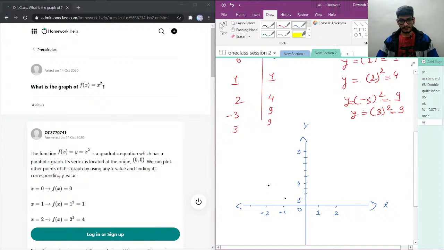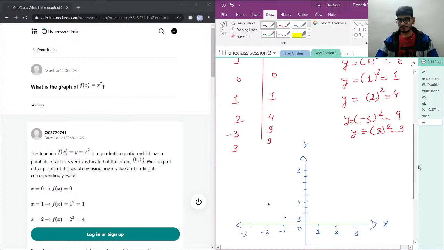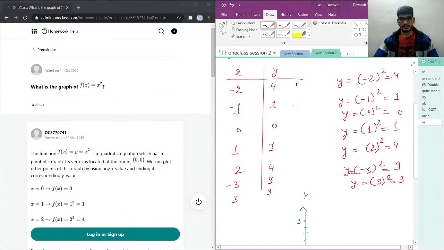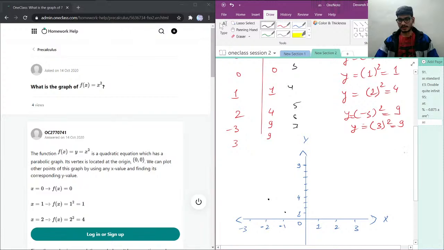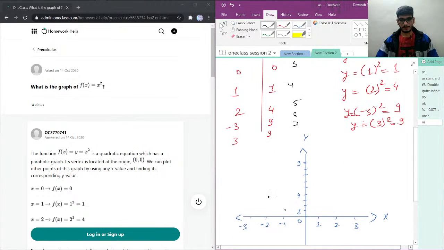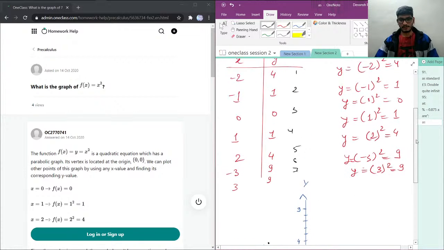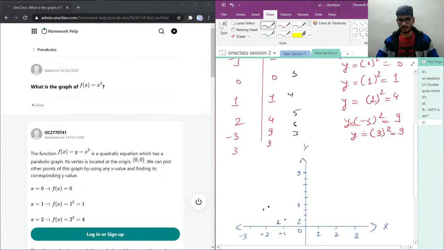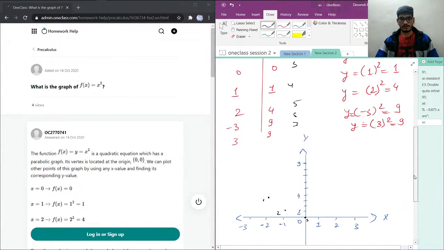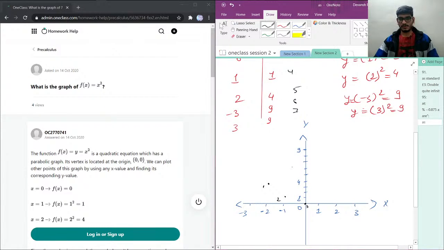I need one -3 and one +3. So let's say this as 1, 2, 3, 4, 5, 6, 7 coordinate number, and this was 1, this is 2. For x equals 0, we had y equal to 0. So this is going to be my third coordinate. For x equals 1, we had y as 1.